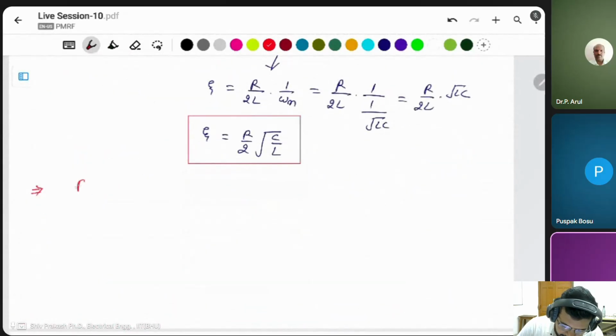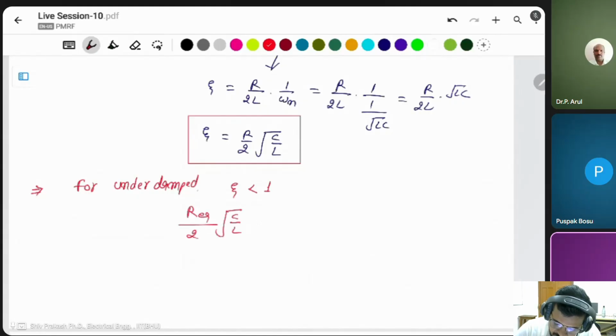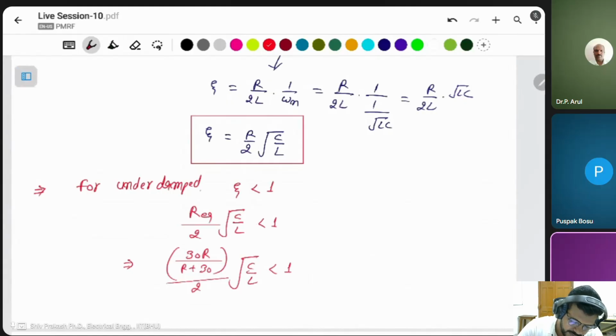For underdamped, zeta less than 1: zeta is R equivalent divided by 2 root of C by L, which should be less than 1. What is the R equivalent here? It is 30R divided by R plus 30, divided by the whole 2 root of C by L, which should be less than 1.